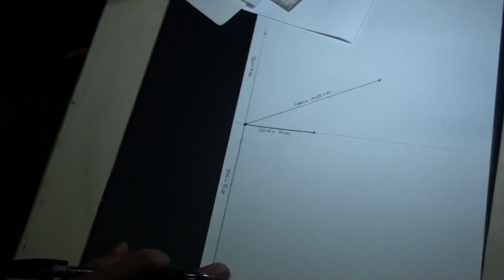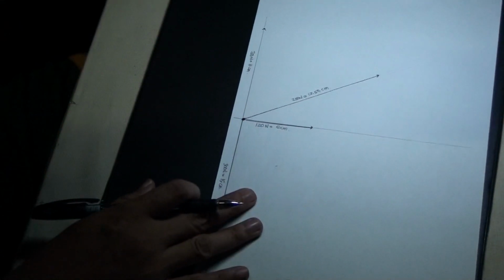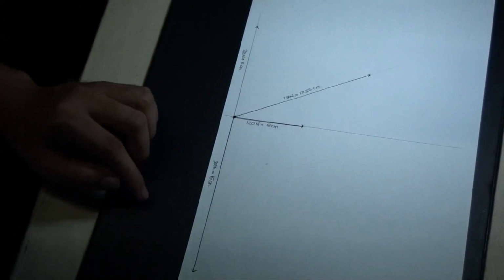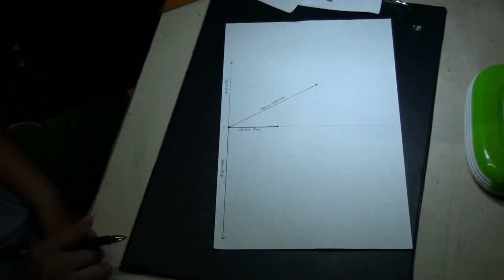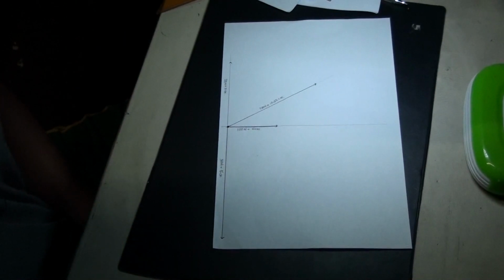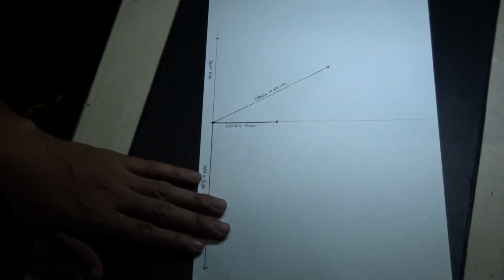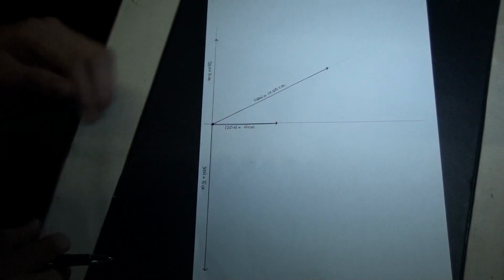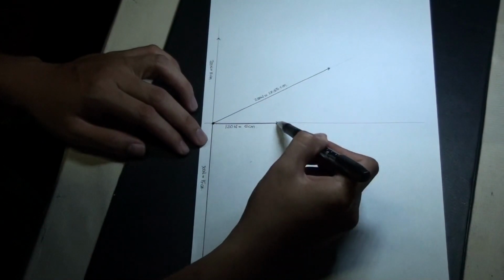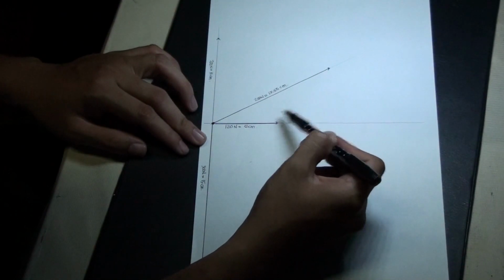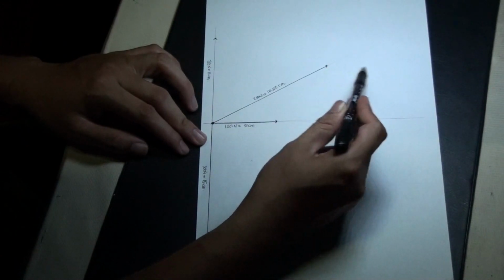Okay. So if you try to see the entire figure, this is now the overview. So the first thing we have to do is to draw parallel lines, 250 here, and then parallel also to this.